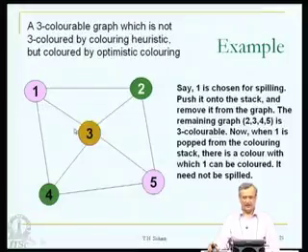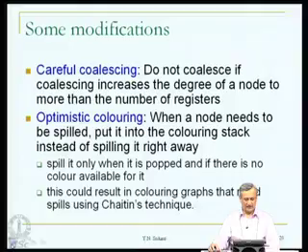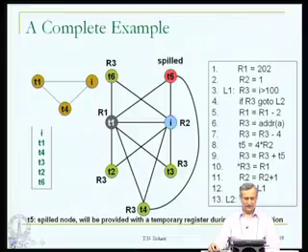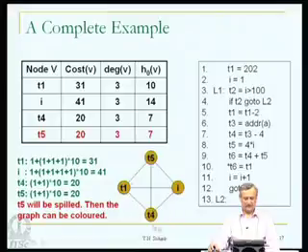But there is no guarantee that this type of approach can color every other graph which is not 3 colorable. For example, if you look at this graph, this is not 3 colorable, and even if you try the coloring heuristic on this, it does not work, because it is a fully connected graph.